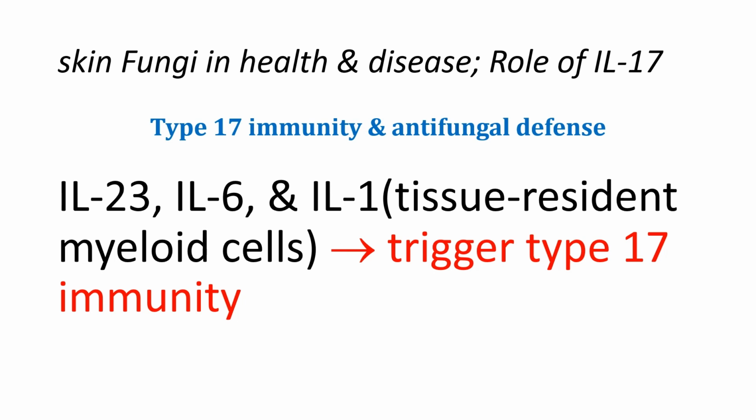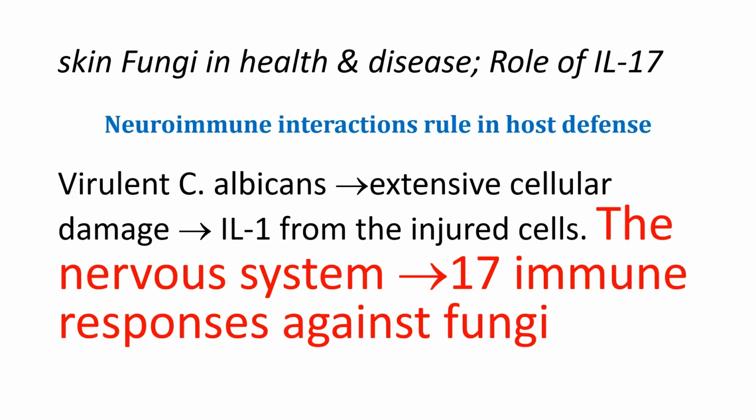Additionally, other cell types, especially epithelial cells, may also play a role in generating interleukin 17 inducing cytokines. This was demonstrated in an acute Candida albicans infection model using highly virulent Candida albicans strains, which cause extensive cellular damage leading to the release of interleukin 1 from the injured cells.